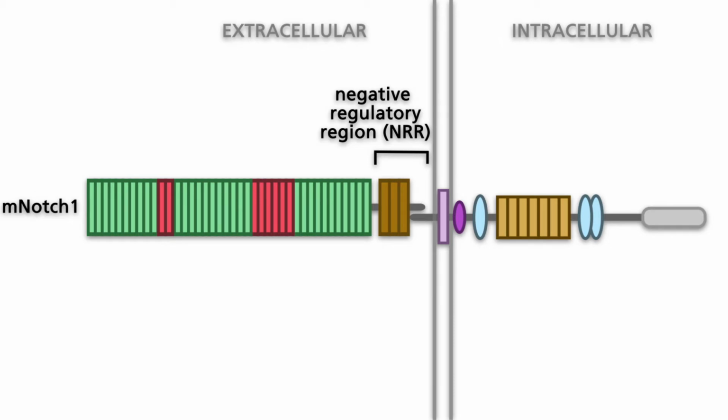A crucial regulatory point in Notch signaling is ligand-induced and ADAM metalloprotease-mediated Notch receptor cleavage to release the extracellular fragment. The negative regulatory domain prevents proteolytic cleavage in the absence of ligand binding.